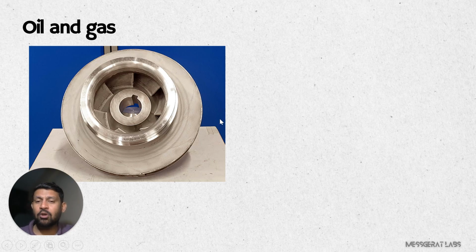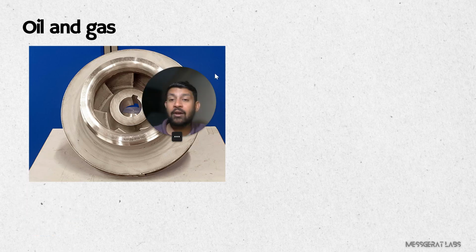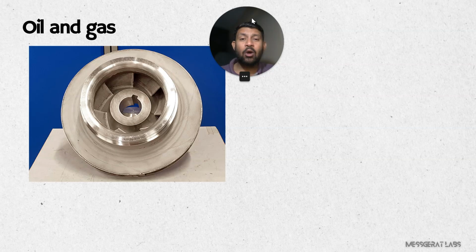Because with oil rigs and oil pipelines, downtime is very important for them. If the pipeline or the oil rigs are down for a certain number of hours, they can suffer losses in millions. So that's why they want quick replacement of spare parts, and 3D printing helps them in doing that.